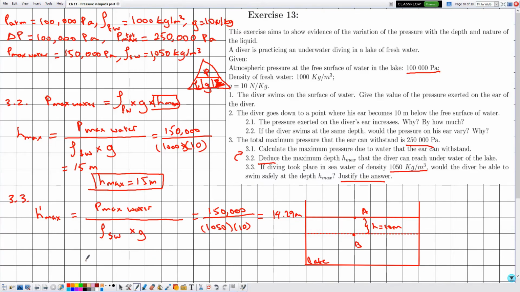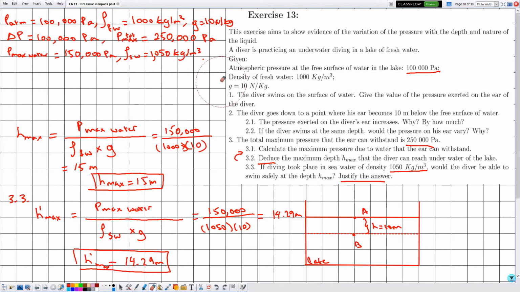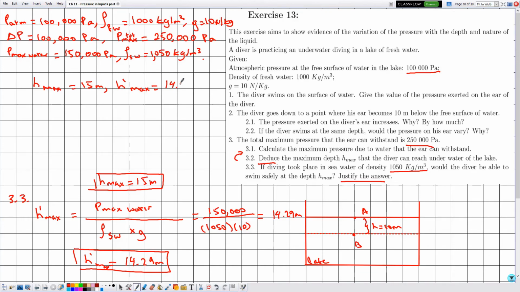So as we expected, H prime decreases, so the maximum height has decreased from 15 meters to 14.29 meters. This is H prime max. So here what we can say: H max is 15 meters, whereas H prime max is 14.29 meters.